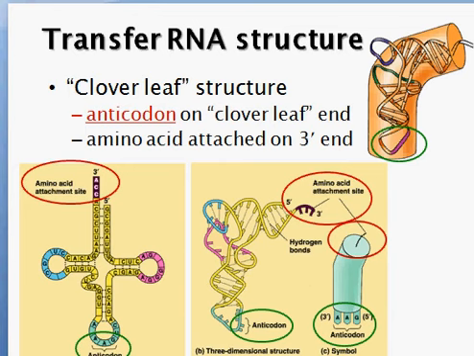But important for you to remember is that every molecule of tRNA is specific for the type of amino acid that it's going to bring. So the anticodons are going to be different between the different tRNAs, and the sequence here that attaches to the amino acid is going to be slightly different as well. So transfer RNAs are not identical molecules.